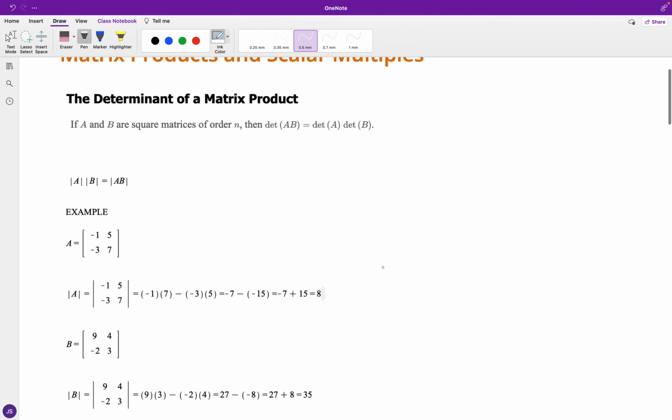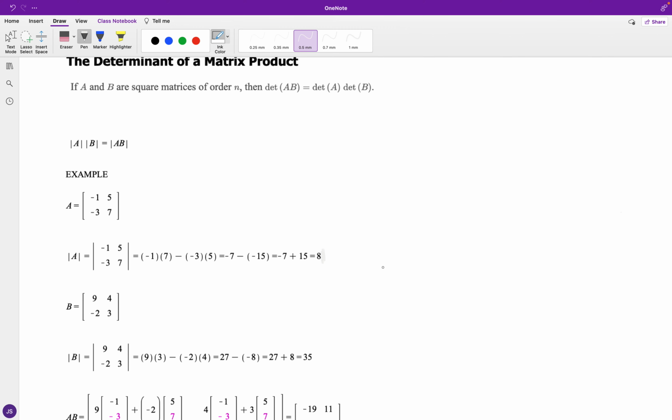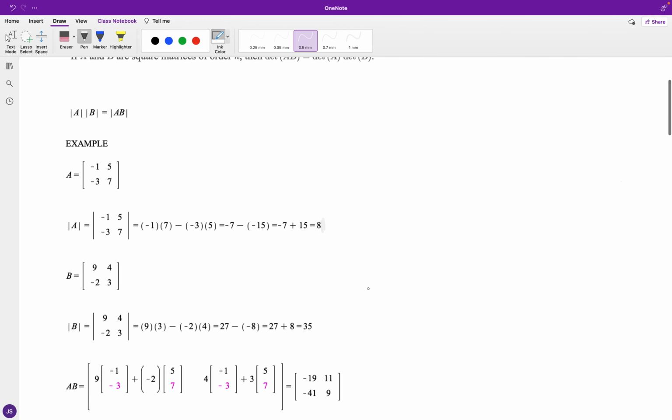Now for matrix B, we have 9 and 4 at the top, -2 and 3 on the bottom, and taking the products of 9 and 3, as well as -2 and 4, and taking the difference, the value of the determinant of matrix B is going to be 35.